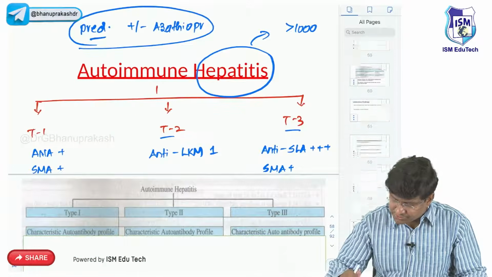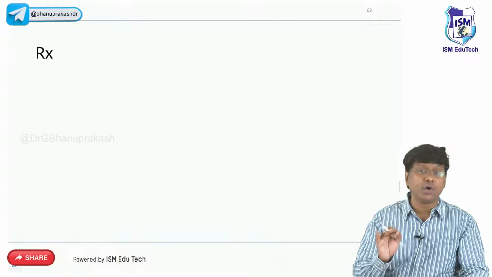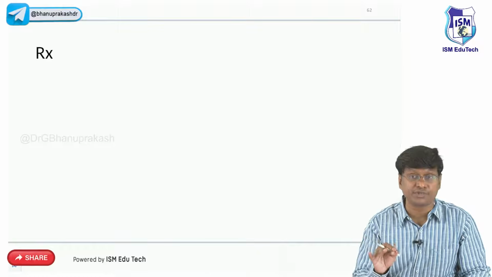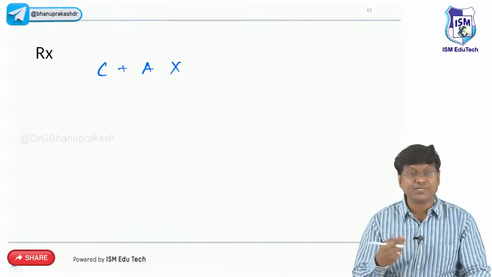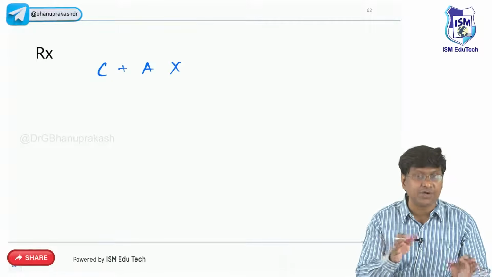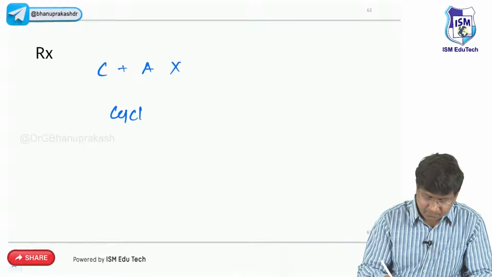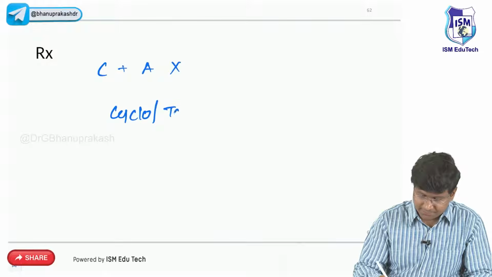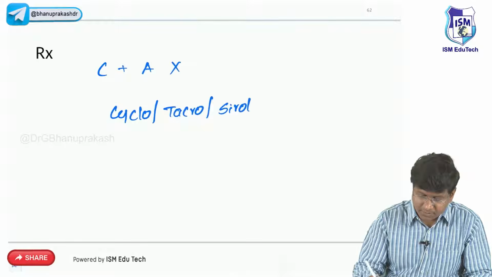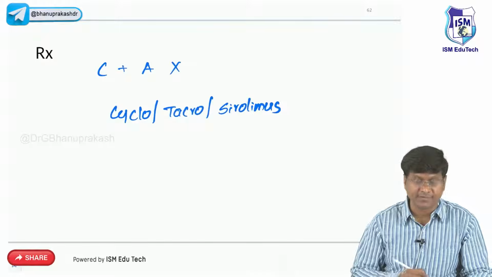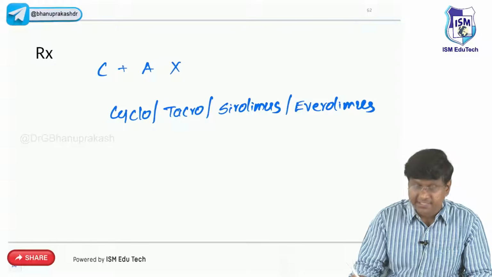But in those individuals who are non-responders, not responding to corticosteroids and azathioprine, you have given them but there is no response. In these individuals with autoimmune hepatitis, the alternative drugs you need to try are cyclosporin, or tacrolimus, or sirolimus, or everolimus.